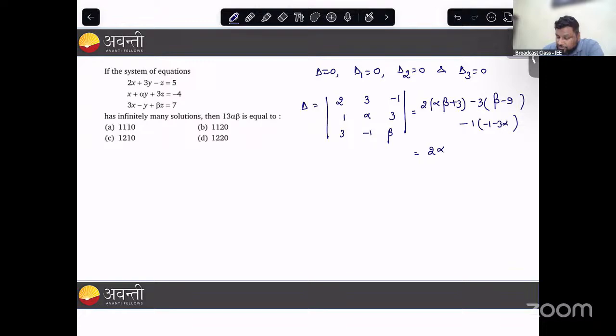So it is 2 alpha beta plus 6, minus 3 beta plus 27, plus 1 plus 3 alpha. So that is 2 alpha beta minus 3 beta plus 3 alpha plus 28, and 6, 34. Now we'll keep it up to this point only. Won't drag it any further. All right.